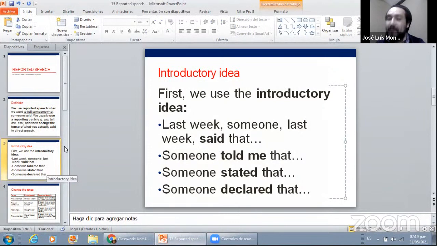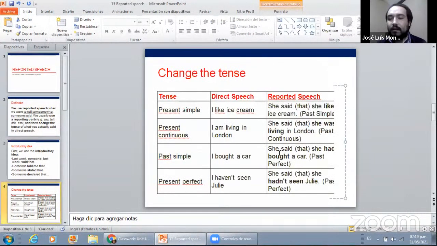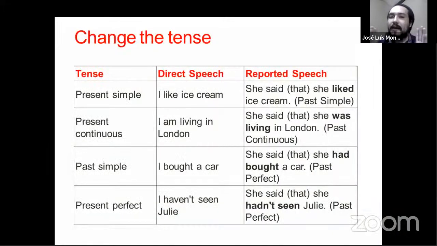Now, the second part, it's going to be the following. You're going to write first the exact phrase that that person said. Okay? First, write direct speech. All right?